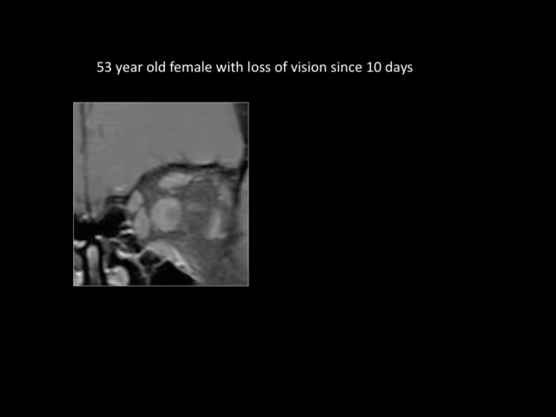Coronal CT images. Coronal post-contrast orbit image provided, left orbit. There is expansion of the optic nerve sheath with mild enhancement.